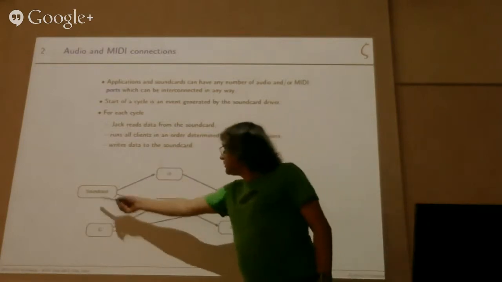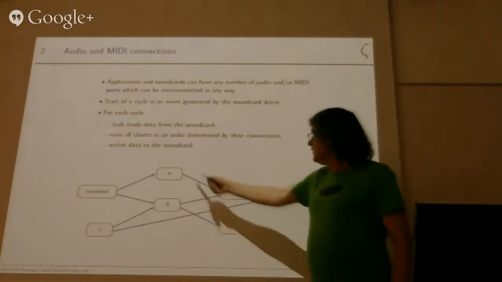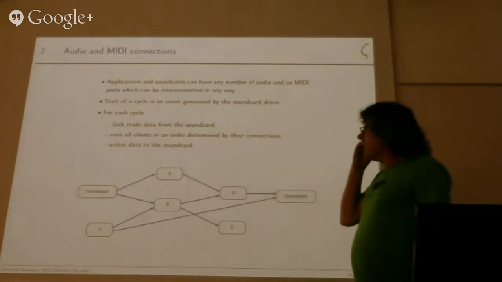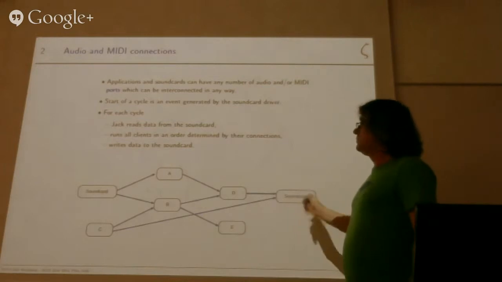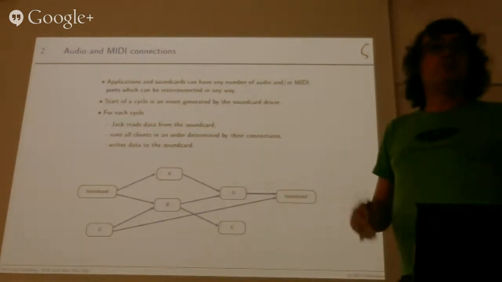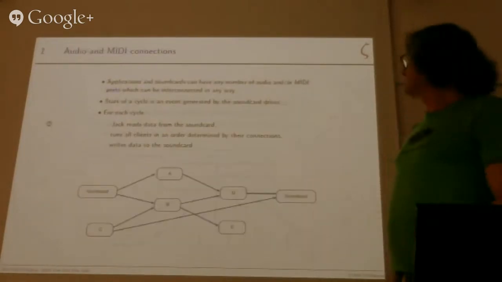A and B depend only on the sound card, so they can run immediately. D has to wait until A and B are ready. And when all clients are done, Jack will write any data to the sound card if necessary. So that's the basic principle, from either the programming point of view or from the user point of view.